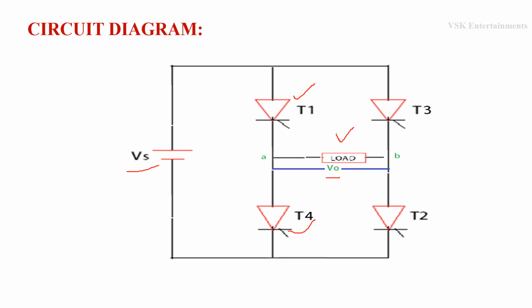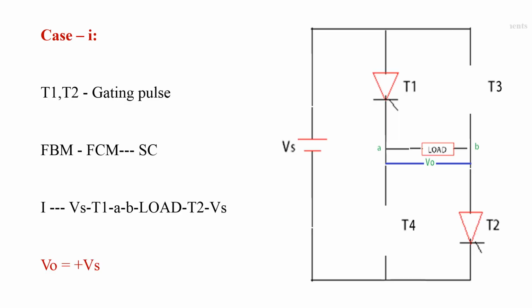Now coming to working, the working of full bridge inverter can be explained in two cases. Consider first case. In this case, we are going to apply the voltage source Vs to the circuit. Due to the application of voltage source, all 4 thyristors act as a open circuit. Why? Because all the thyristors are in forward blocking mode and act as a open circuit.